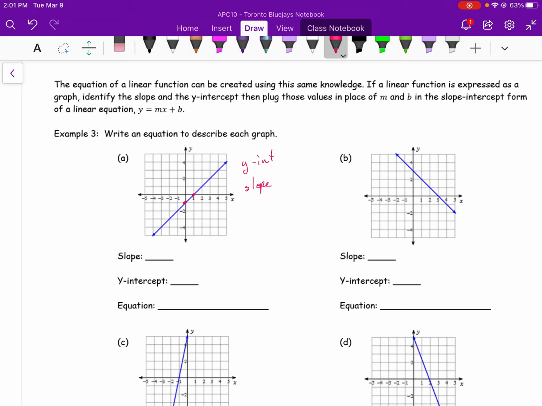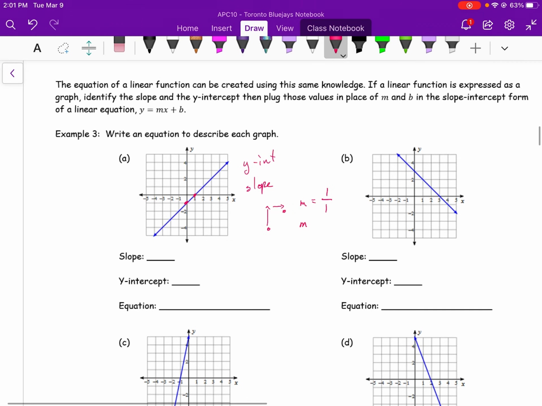And what we see here as we move left to right is I go up vertically 1 unit, go horizontally 1 unit. So my slope here is my vertical change is +1, my horizontal change is +1. So my slope here is going to be 1.